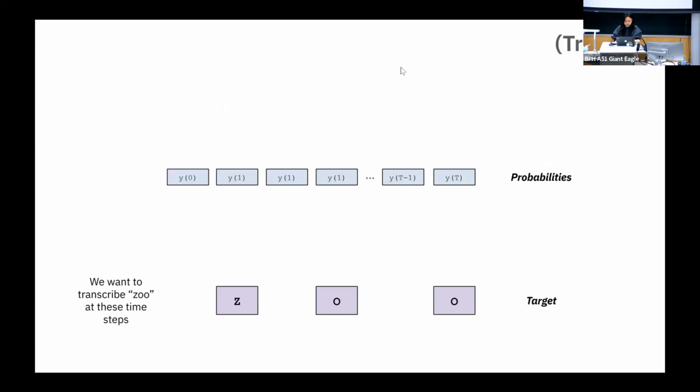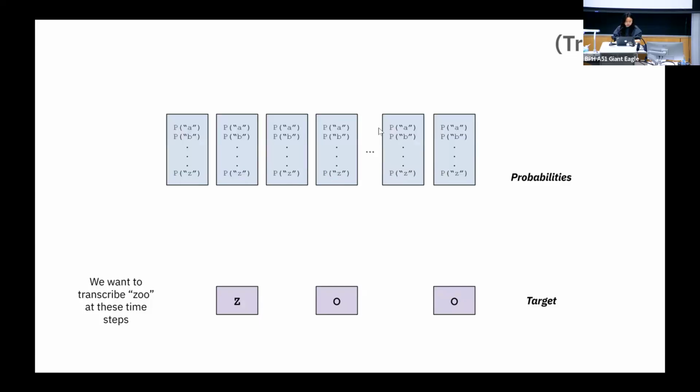Let's get back to this training setup. Our model's output can be like this: the probability of each character at each time step. And our target sequence, as shown before, is the letters ZOO. We want to transcribe ZOO over certain time steps.